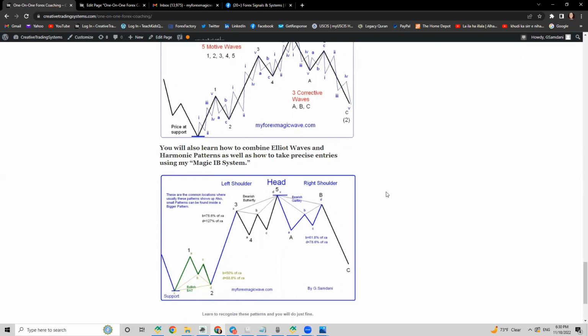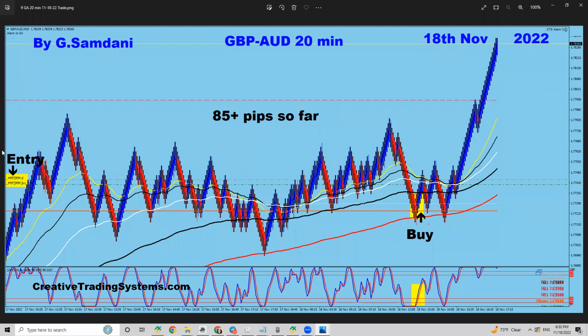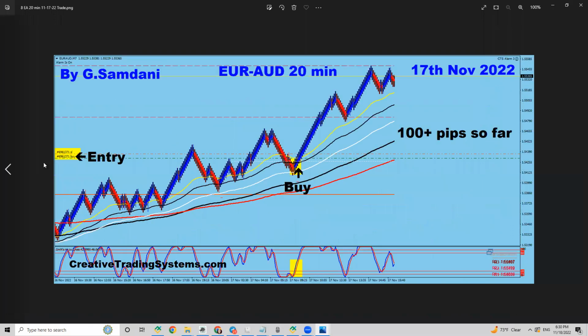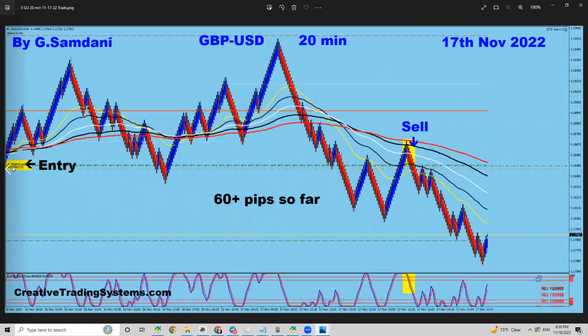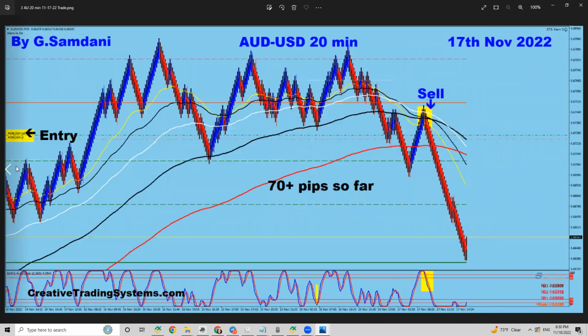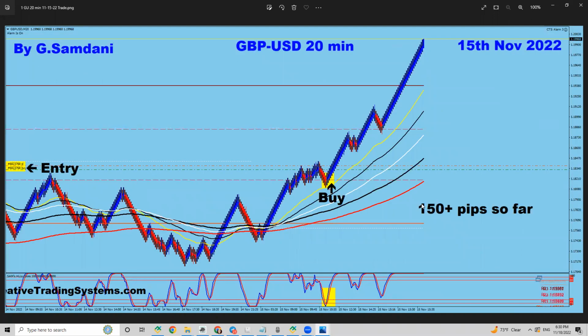If you lose, you lose 25 pips. But if you win, then you make amounts like 85, 100, 50, 60, 70, and sometimes more than 100, even 150, right? So that's how it is.